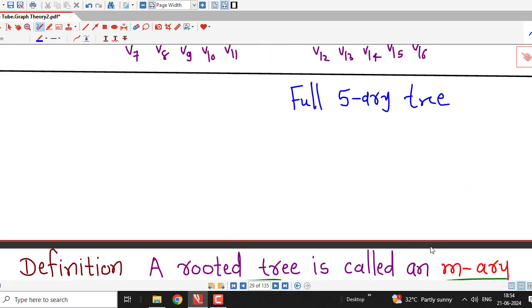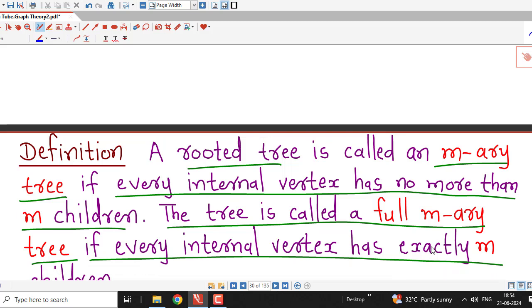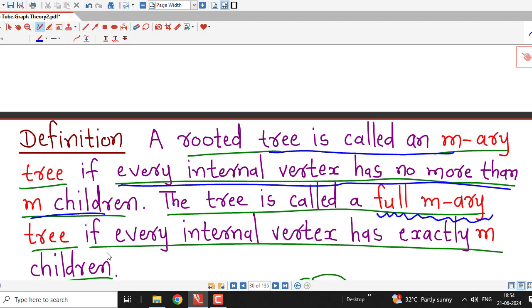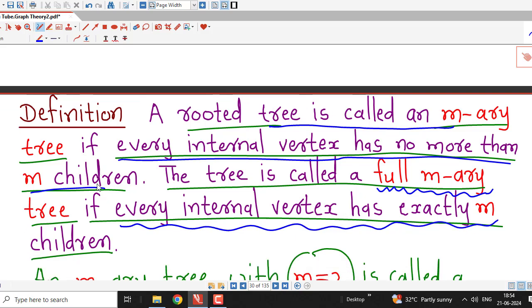We conclude this session by again repeating the definition. A rooted tree is called an m-ary tree if every internal vertex has no more than m children, and the tree is called a full m-ary tree if every internal vertex has exactly m children.